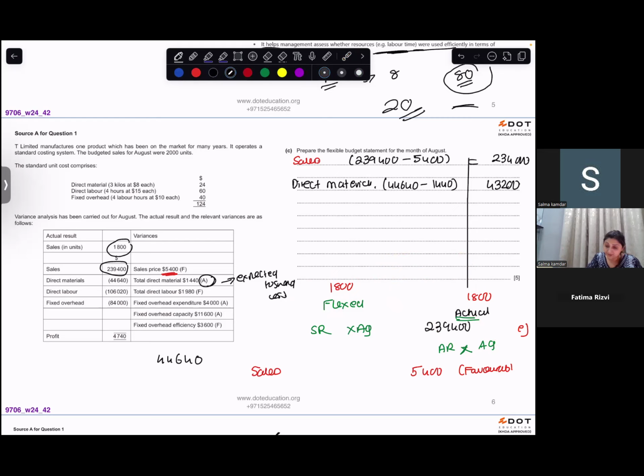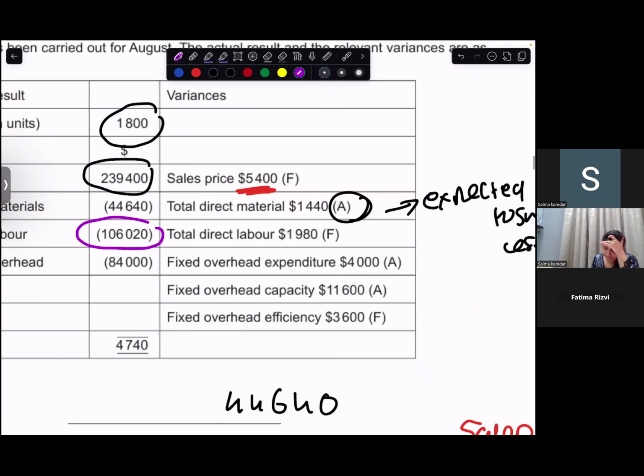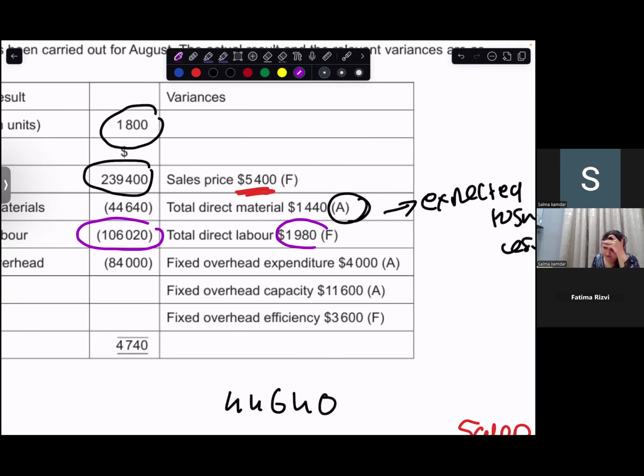Let's go to direct labor. You expected to spend this much, and the variance is favorable. You actually spent this much on labor, and the variance is favorable. So you spent less.